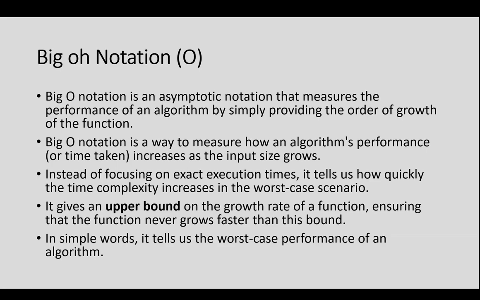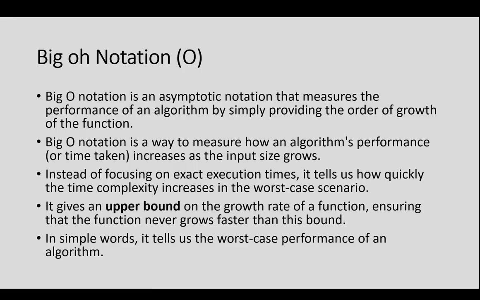So we are predicting the order of growth of the function depending upon the input. Big O notation is a way to measure how an algorithm's performance or time taken increases as the input size grows. So as I told you, that is what we are considering as the order of growth of the function.